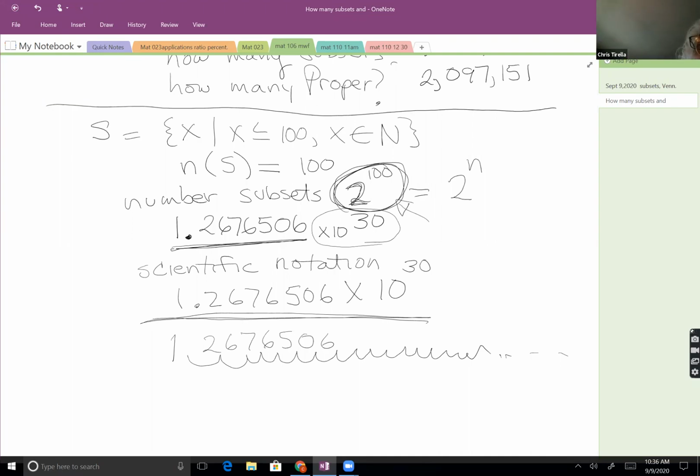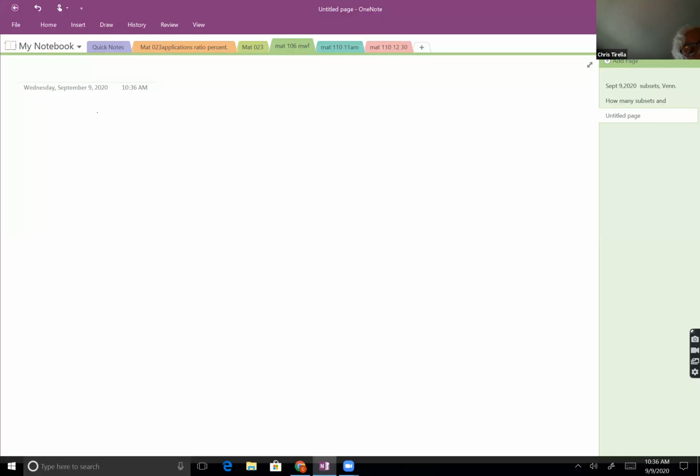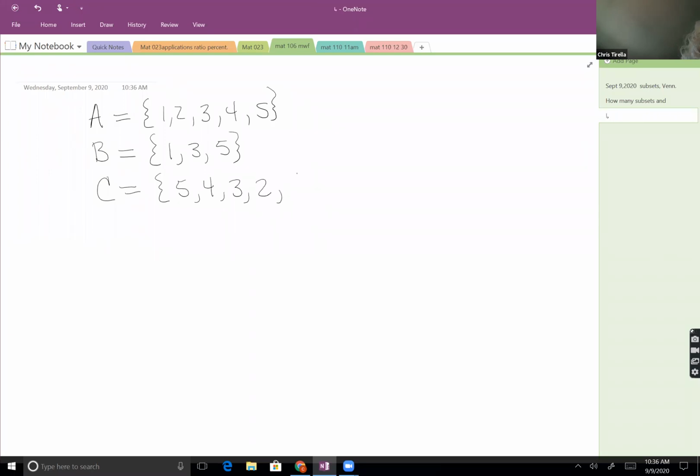Sure. Let's say that I have a set A, and let's say A contains 1, 2, 3, 4, 5. And I have a set B that contains 1, 3, 5. And I have a set C that contains 5, 4, 3, 2, 1.